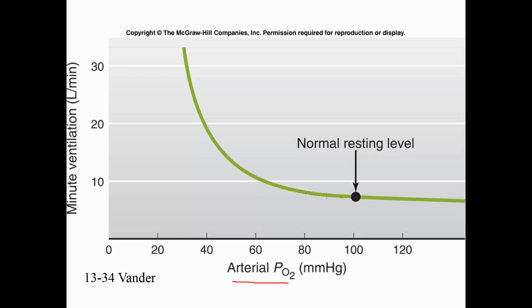Now notice around 60 is when things start to change. So very little change above 60. At 60, a large increase in ventilation. So this is what's called the hypoxic drive.